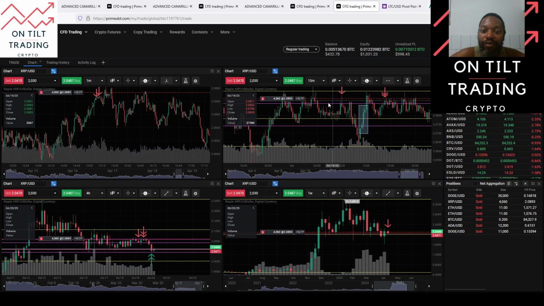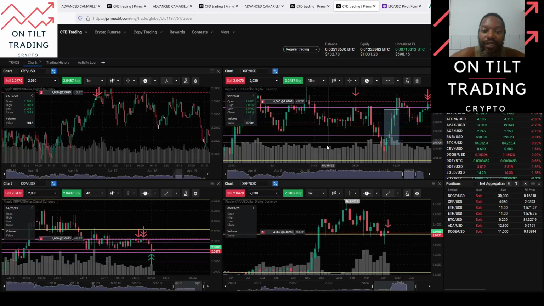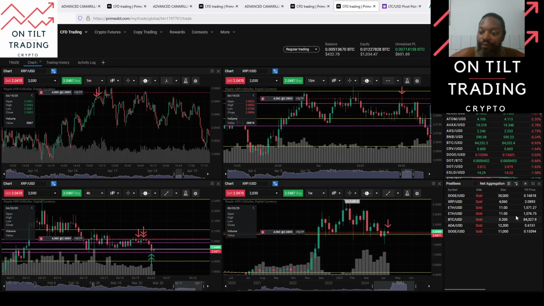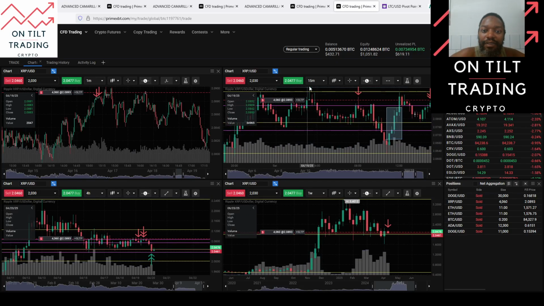But I set a limit order, looking at this order block here, or at least using this as an order block, and just set my entry at the open of this candle here, and was able to get an entry off of a limit order. And then I set my stop.